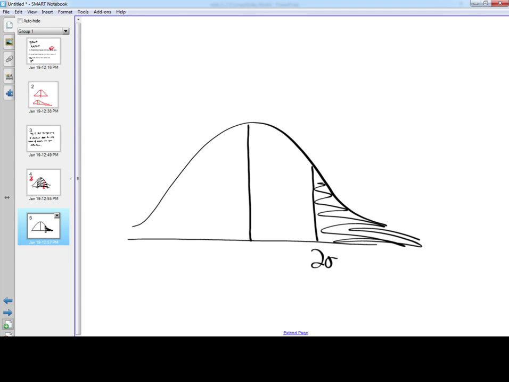Can you tell me what percent of the data is above 2 standard deviations? 2.1 with the bar over it. Anybody else got something different?